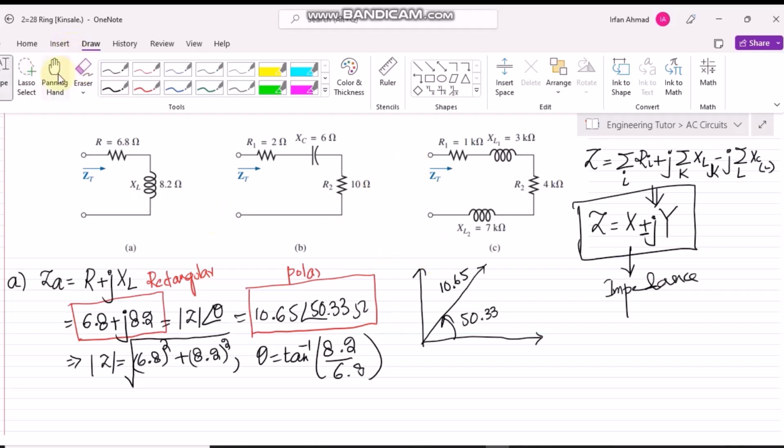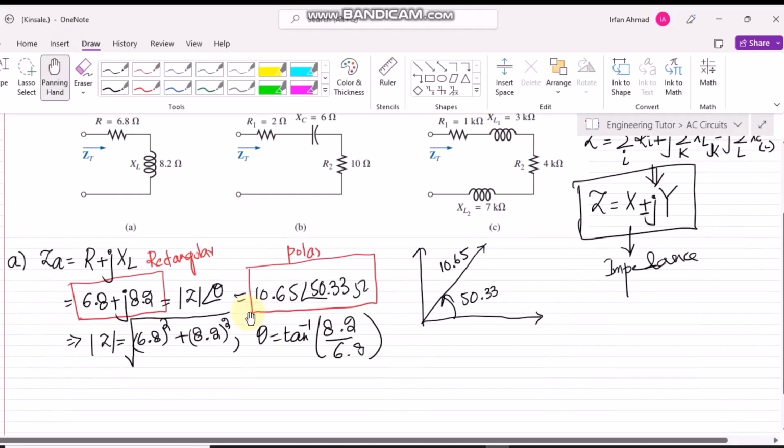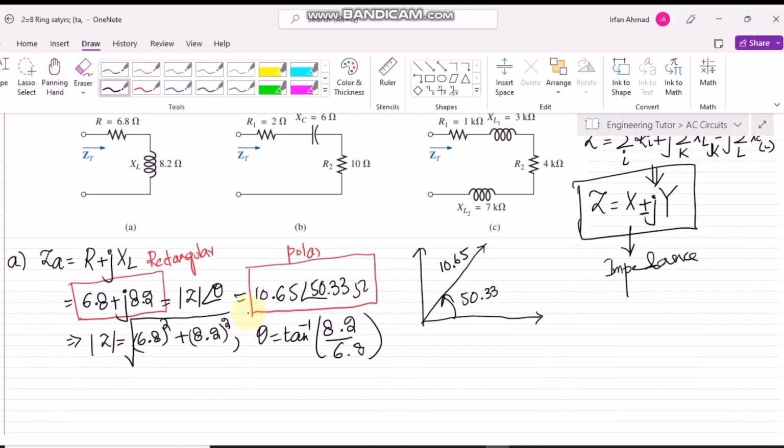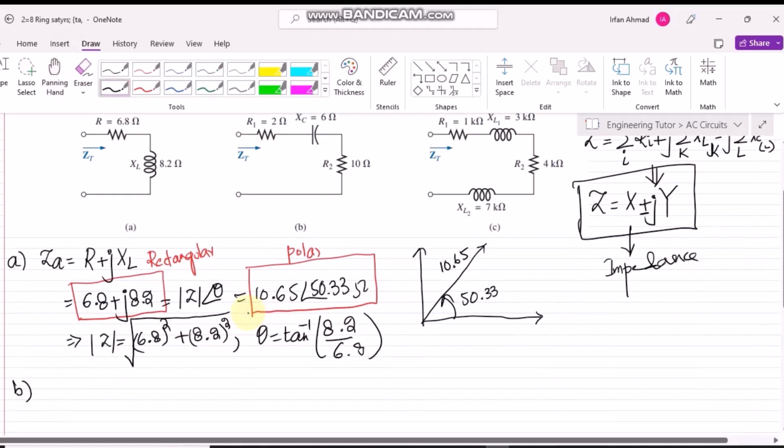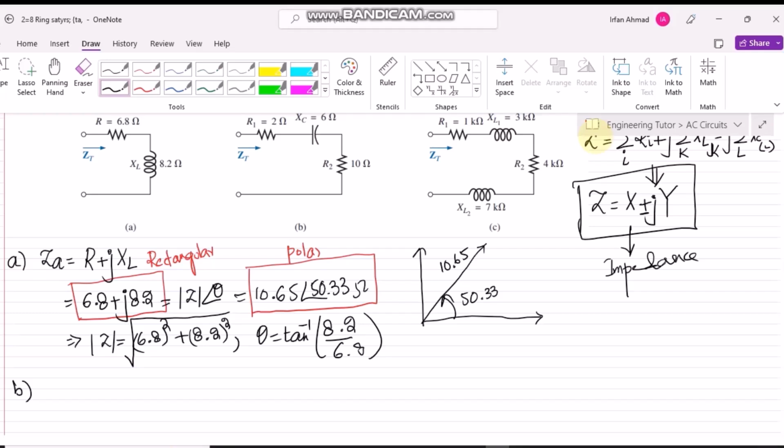Similarly, in order to solve part B of our question, let me come over here. Again following the same procedure or the same formulation which we have developed here. So, let me see how many items we have. I have 2 resistors and one storing element, and that is the capacitor here.